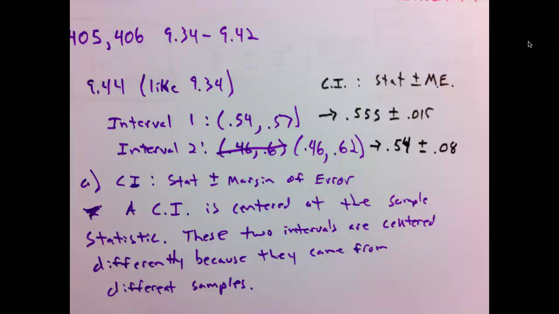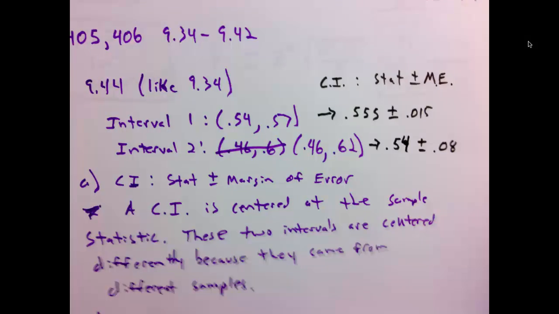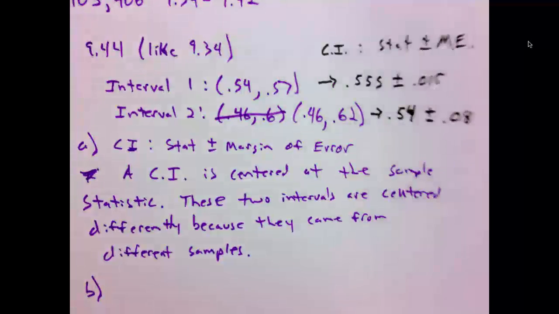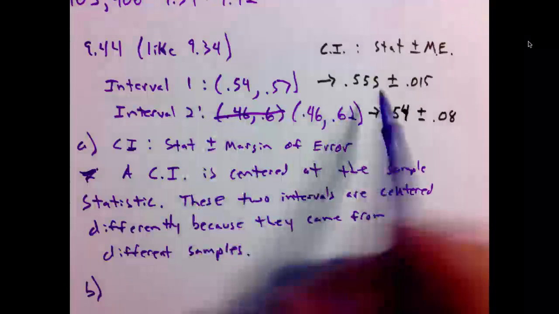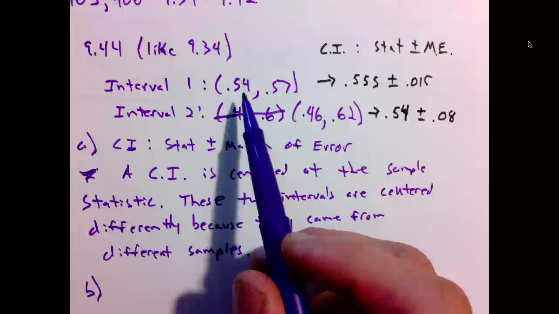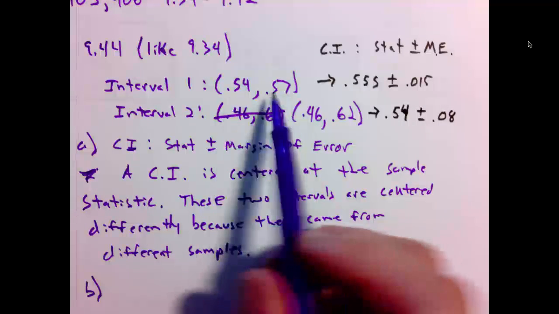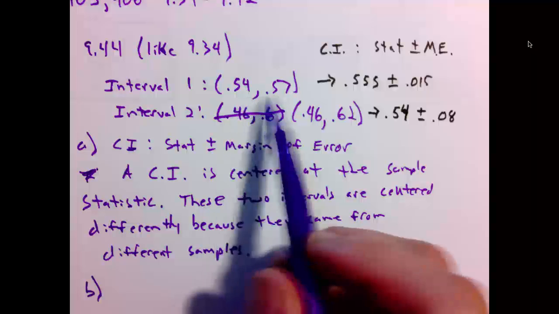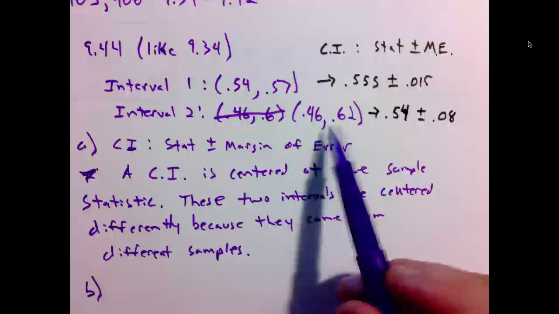All right. B, which of the two intervals conveys more precise information about the value of the population proportion? Well, interval 1 does. We see it's much tighter. It goes from 54% to 57%. Its width is 3 percentage points. Here the width is 16%.